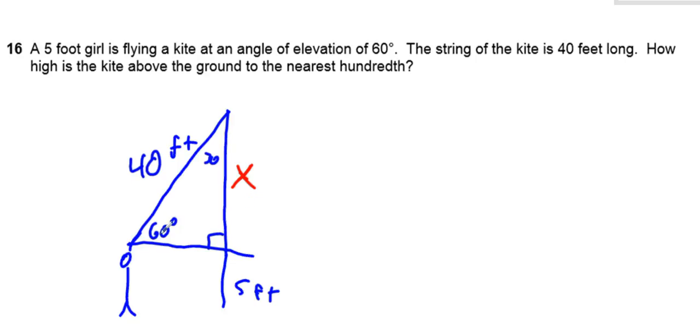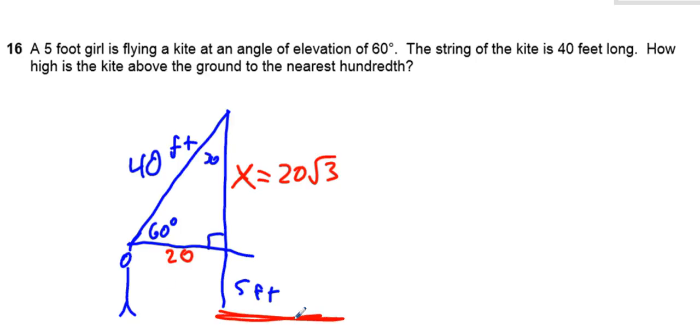So since it's a 30, 60, 90, we know the short side is half, and the longer side is times the square root of 3. So the height from the top of the girl's head to the kite is 20 square root of 3, and then she's 5 feet tall.